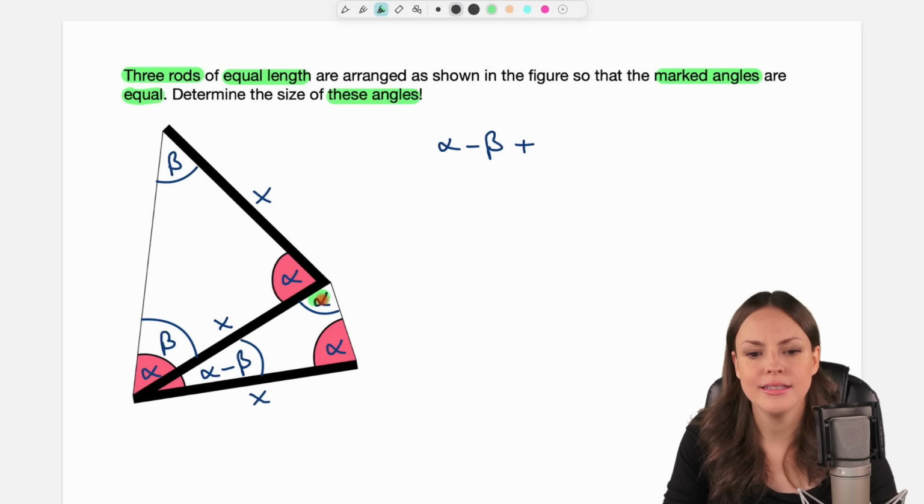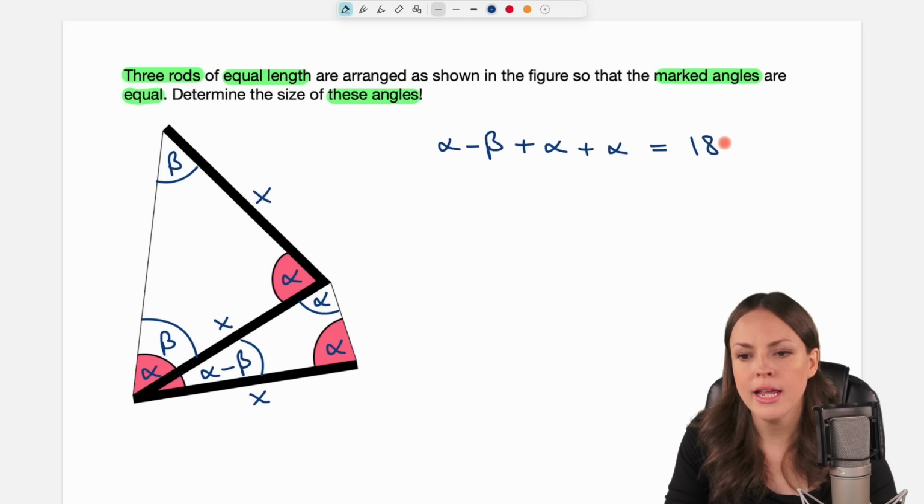If I add this angle to it, which is alpha, and add the third angle to it, which is alpha, then I get 180 degrees. Let's solve this equation here maybe for beta. We have alpha plus alpha plus alpha, which is 3 alpha minus my beta, and this is 180.